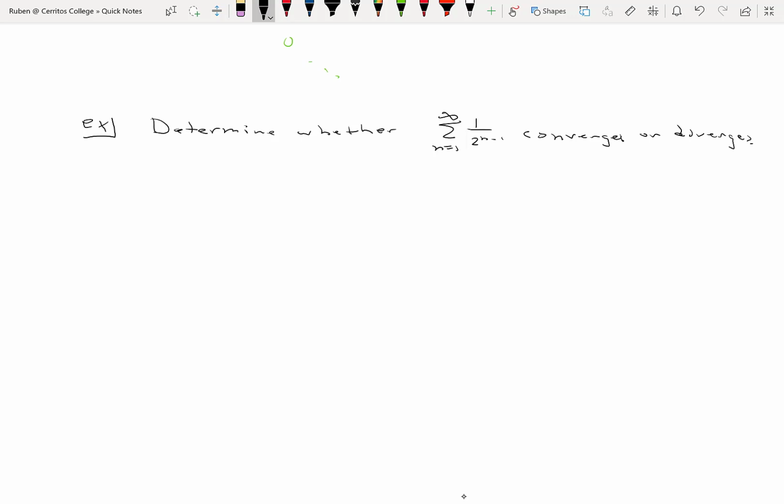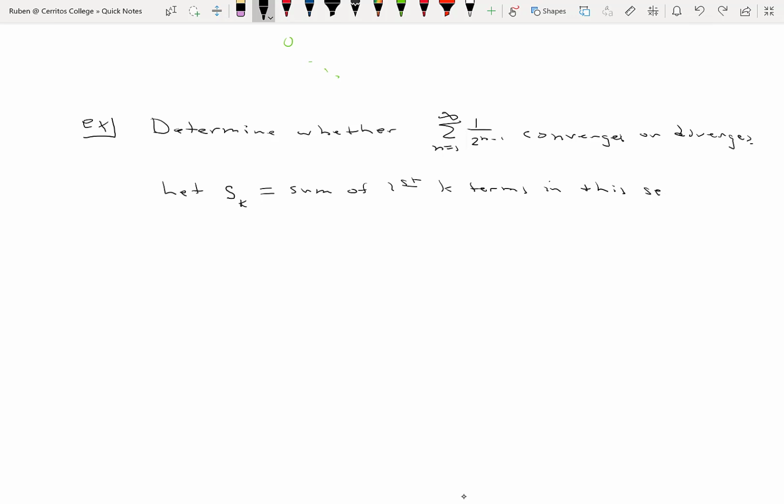So let's do it. Let S sub k represent a partial sum in this series. Let's say it represents the sum of the first k terms in this series.